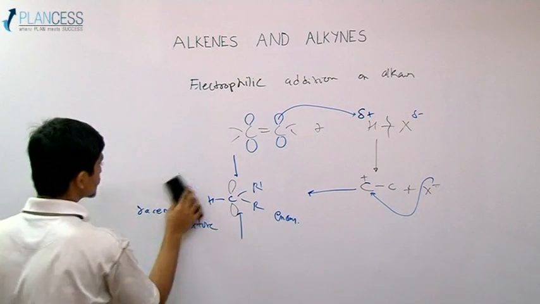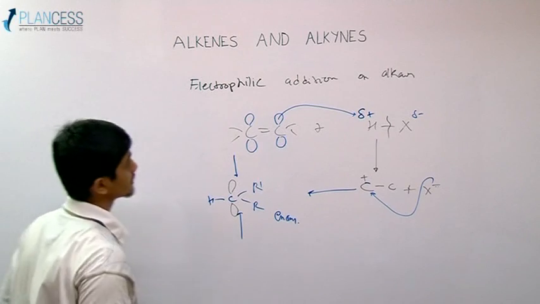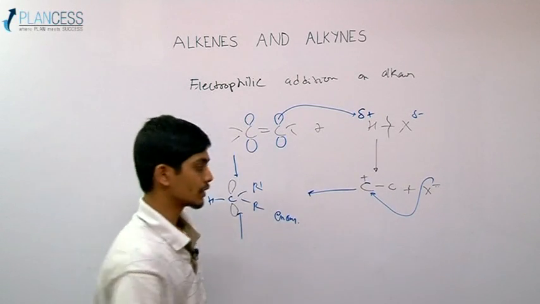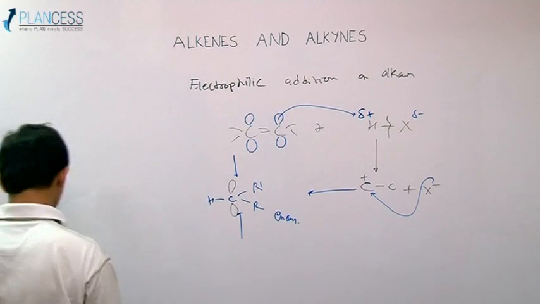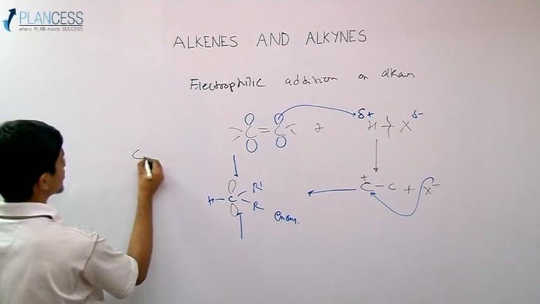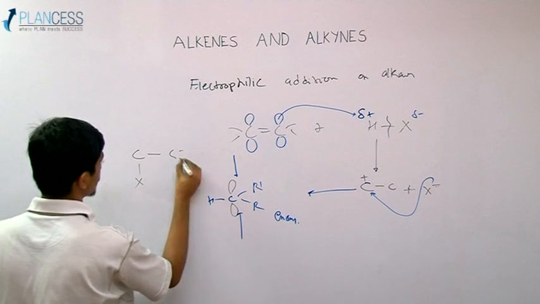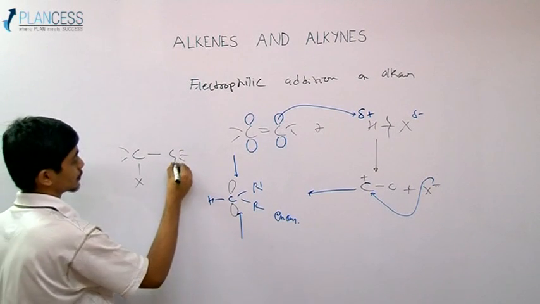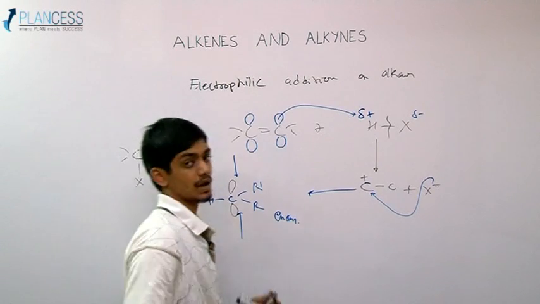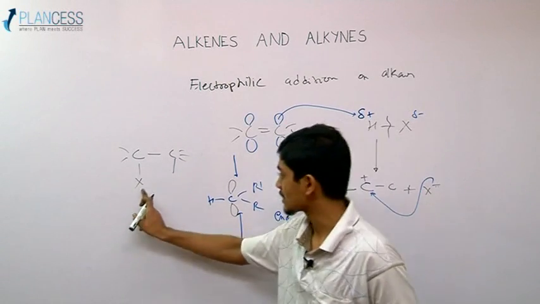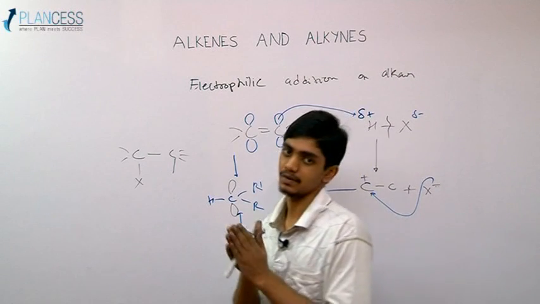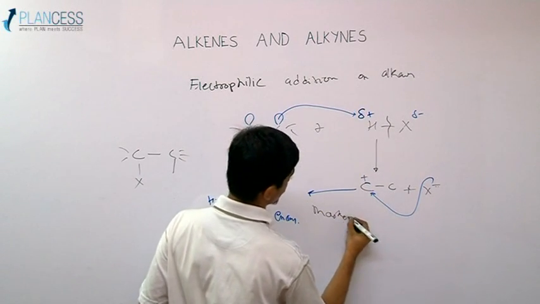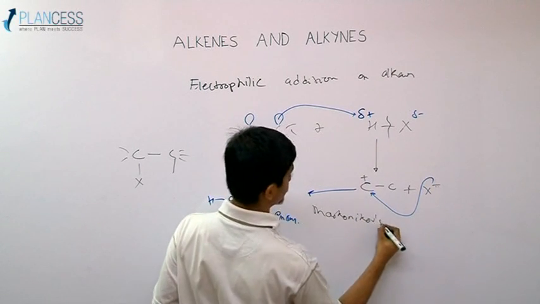Next, this was simple hydrogen halide. But suppose this carbocation is formed over here, we know, and so the halogen will be coming over here. The final structure of the halide would be X over here and the groups like this. But suppose I want to get the X over here itself, that is on the terminal carbon. Here the X is coming following the most stable intermediate rule, and that is also called the Markovnikov rule.